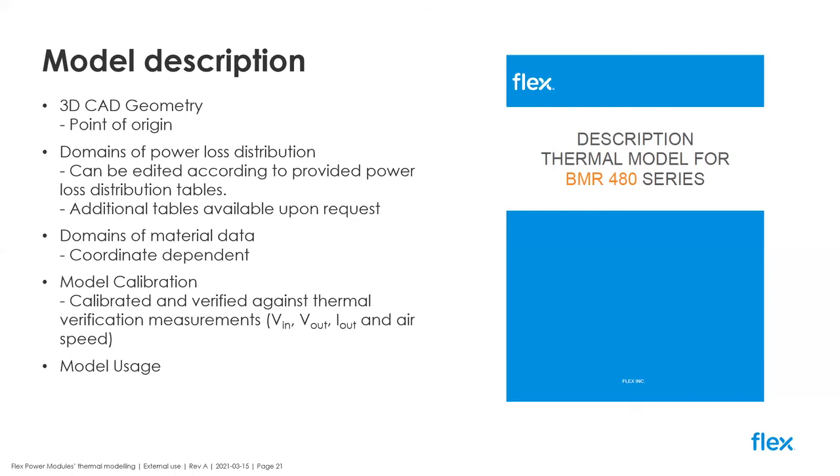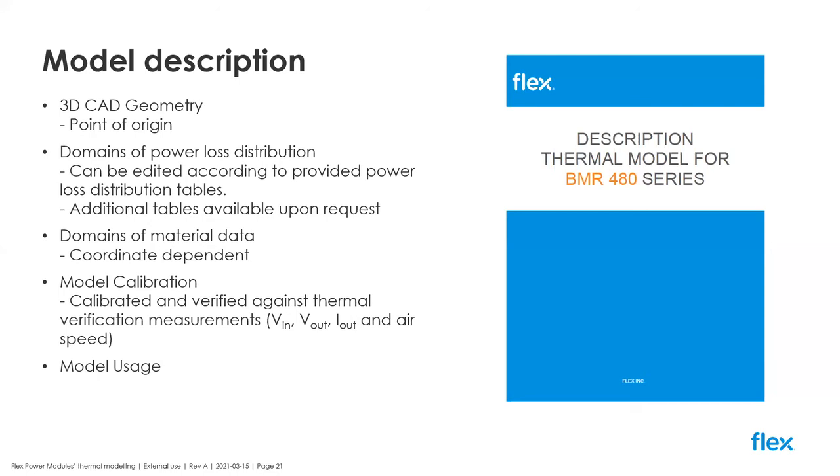We have a domain of power loss distribution, which points out the different sources of power dissipation, with tables that can be used for different circumstances. But if your circumstances do not exist in this description, it is possible for us to provide additional tables if you have such a request.